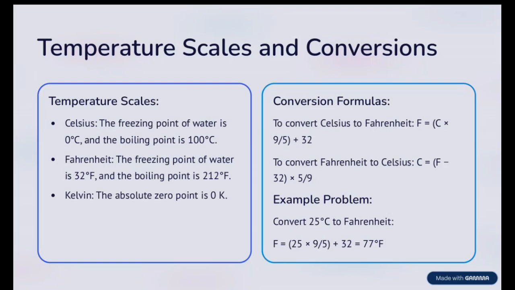But for Fahrenheit, it is different. The formula we'll use is this. So let's see how we solve for converting Celsius to Fahrenheit. What of the boiling point in Kelvin? The boiling point is adding 100 to 273. That's 373. That's the boiling point of water.